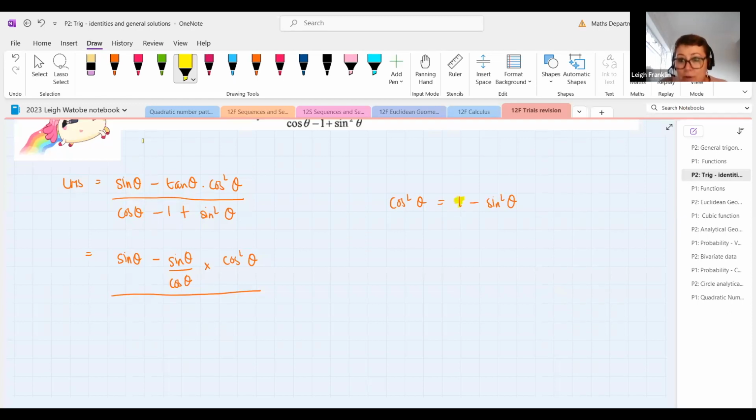Here, this is a positive, isn't it? Yes. But that one is a negative. Negative. Yes, and this one over here is negative, but this one over here is positive. So we can't say that this portion at the bottom is equal to cos squared theta, because it isn't.